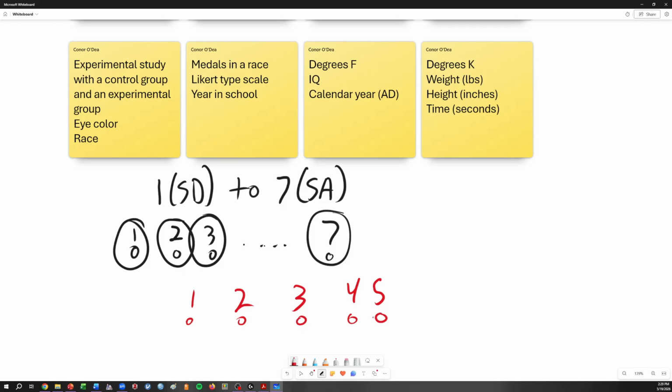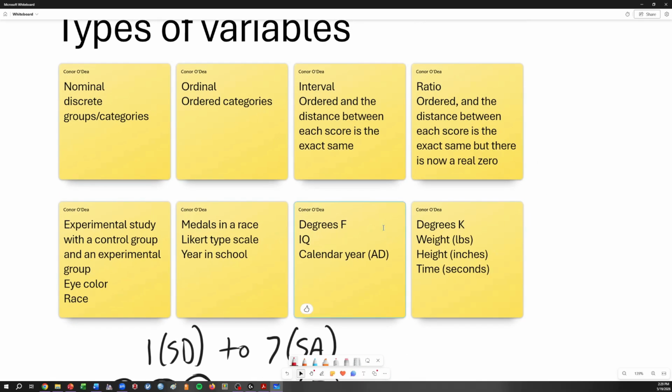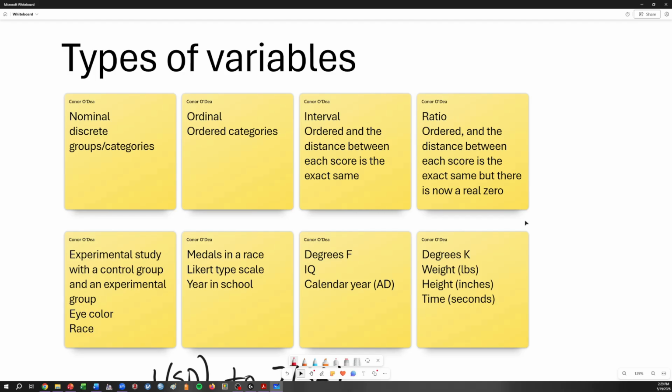Now, if you've been paying attention, you might be asking yourself, how is a Likert type scale here and not an interval measure? Well, there's actually a lot of debate about where Likert type scales should exist in these units of measurement. Objectively, they should go here, but in reality, we oftentimes place them here in this category when we're analyzing them from a statistics standpoint.